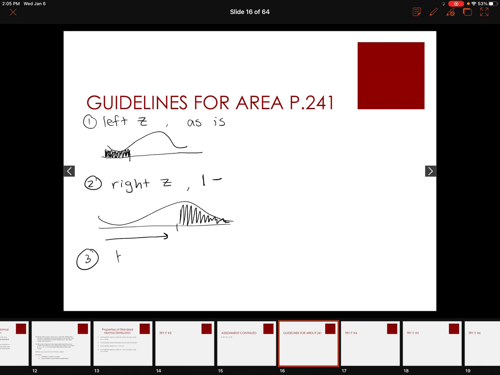And lastly, if they ask me for between two z's, that would look something like this. I would need to subtract the two values from the table.